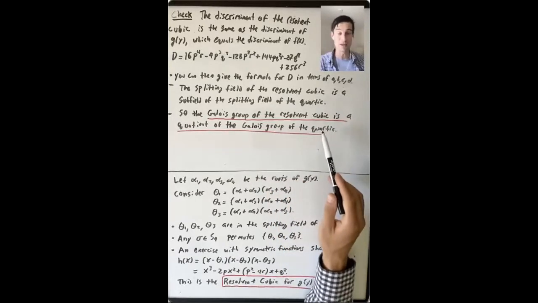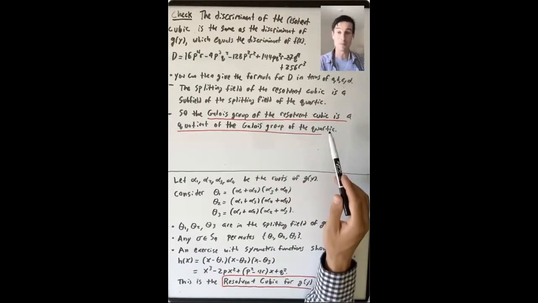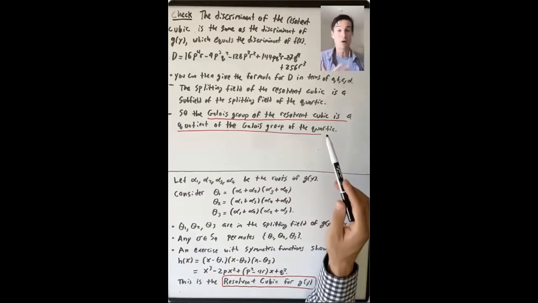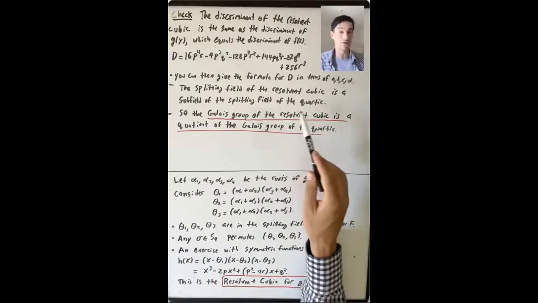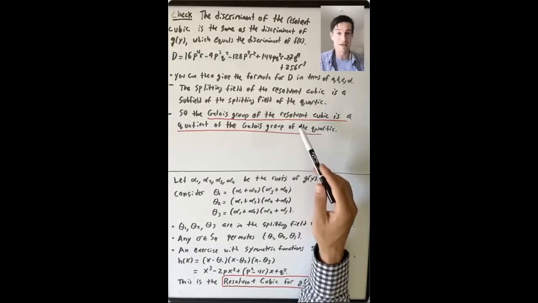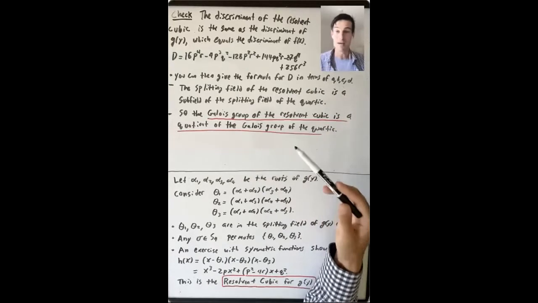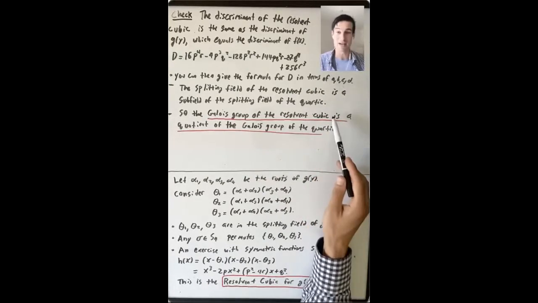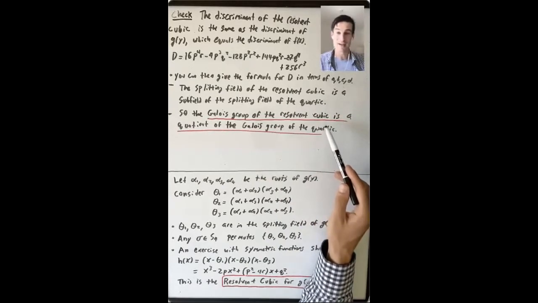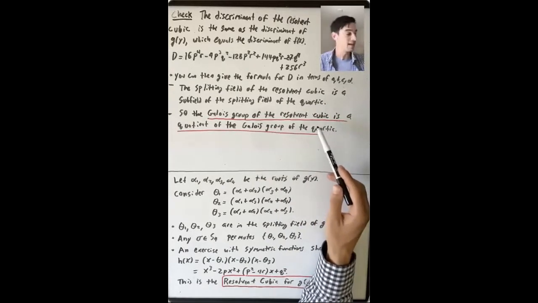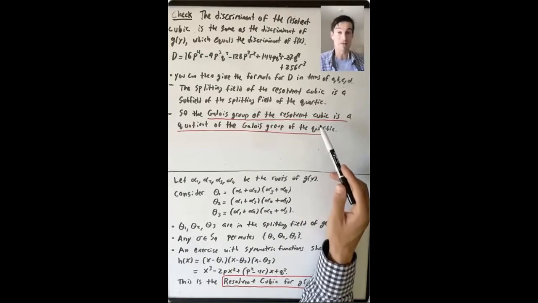So this can be a really useful idea in determining possibilities for the Galois group of the quartic. Because if you compute what the resolvent cubic is, you compute its Galois group, maybe it's big, maybe it's something like S3, then you know that the Galois group of the quartic needs to be a group that's big enough to have a quotient that's isomorphic to S3.